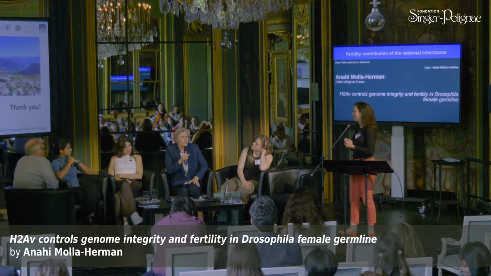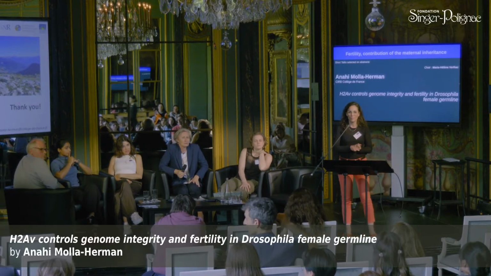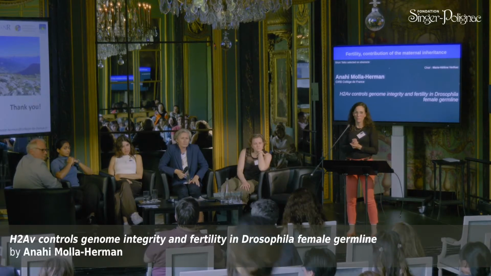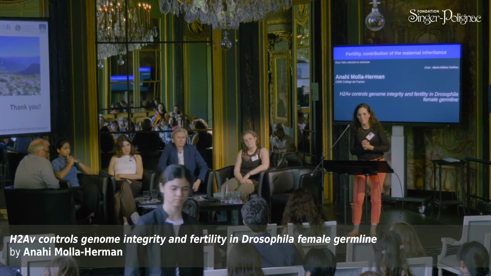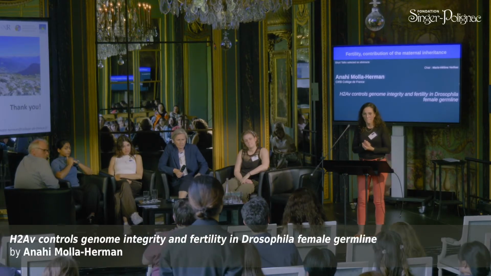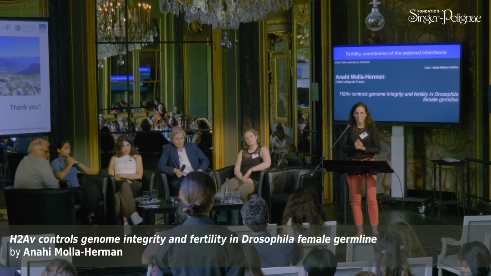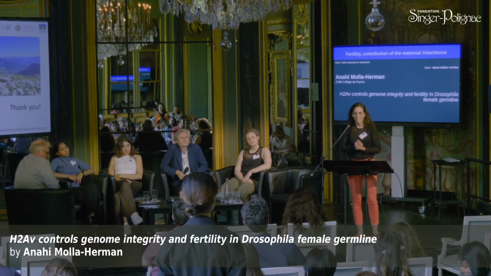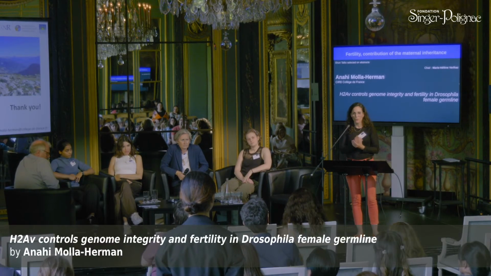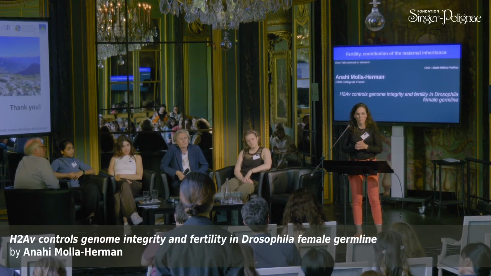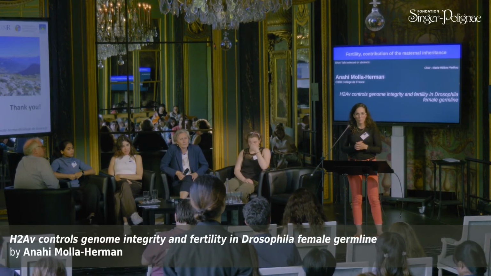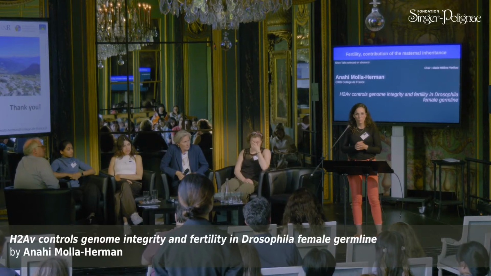Another question? You mentioned that when you get rid of H2AV, you could have problems with transcription, like you described, or with the DNA damage response. I think you mentioned that this one gene is taking the function of two genes that have been studied in other systems, the H2AX and the H2AZ.